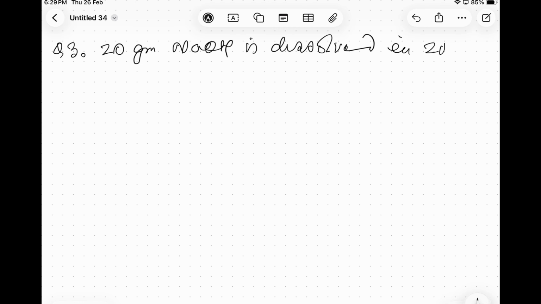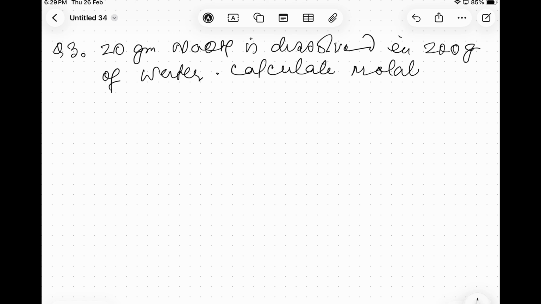Question number 3: 20 gram NaOH is dissolved in 200 gram of water. Calculate molality of solution.